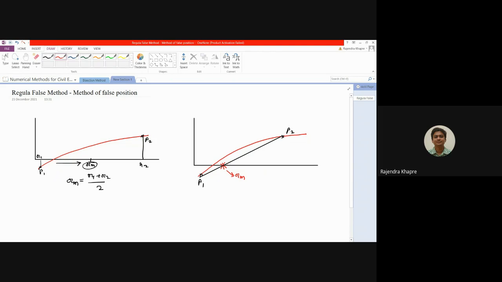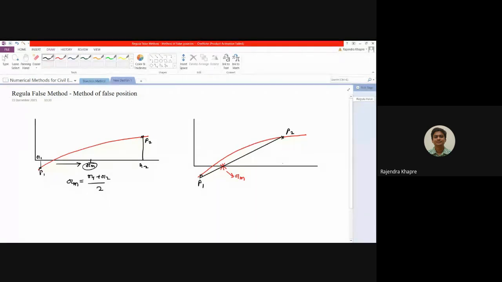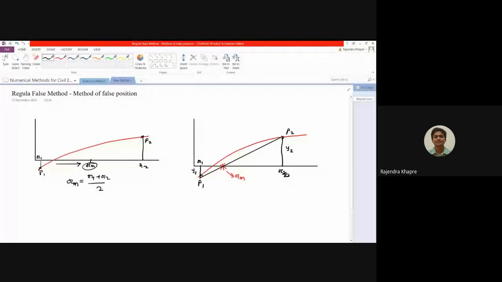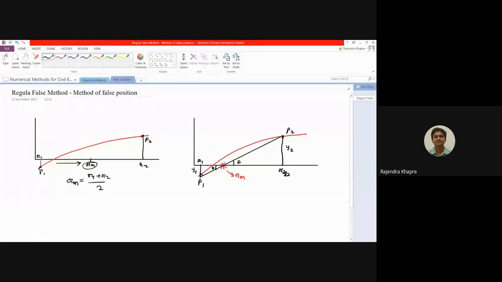For this purpose, we use the simple method of similar triangles. If I draw straight lines here, you basically have two triangles. This coordinate is your x2, this coordinate is your x1, this vertical coordinate is your y2, and the other vertical coordinate is y1. This angle is the same, and this angle is also the same.